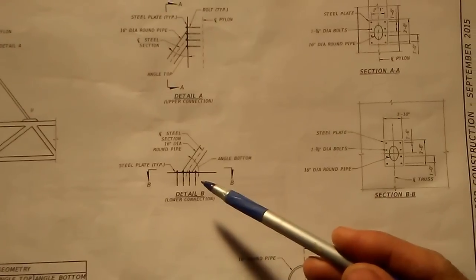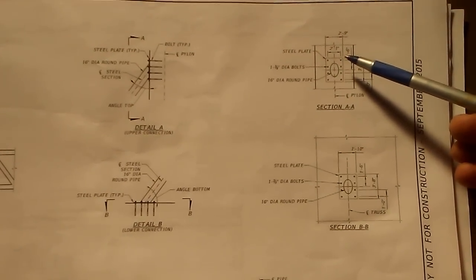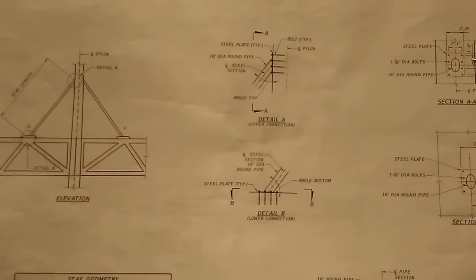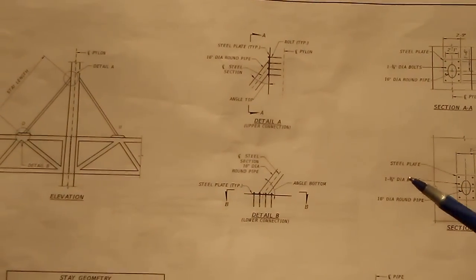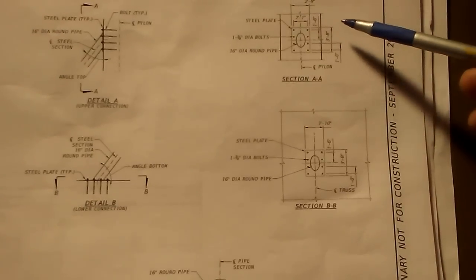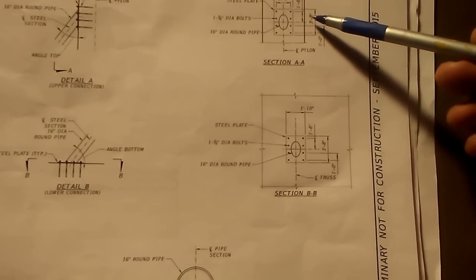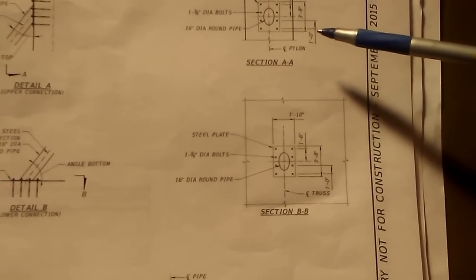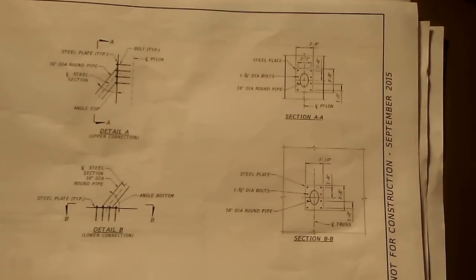It looks like they have about 8 bolts at each connection, Section A and Section B. Section A is at the top of the pylon, and Detail B is at the top chord. In both connections we have 8 bolts, 8 1-and-3/8-inch diameter bolts. So that's all that's anchoring that pipe to the bridge.